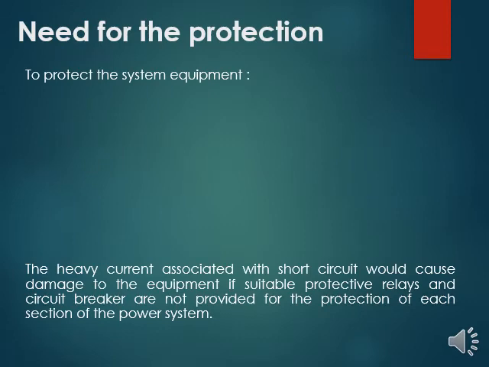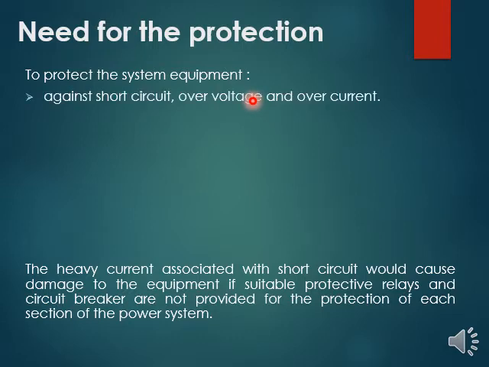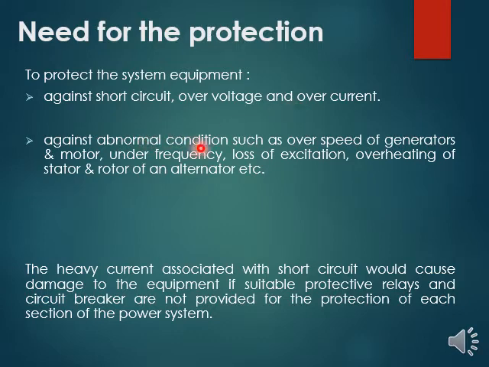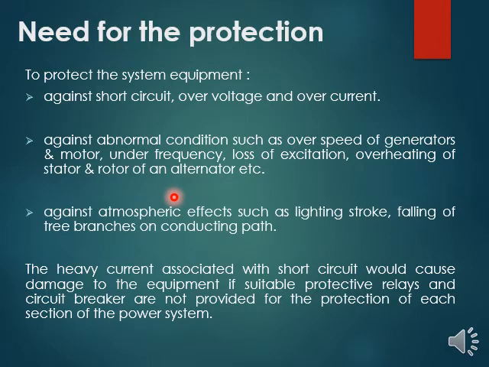Need for protection: to protect the system equipment against short circuit, over voltage and over current; against abnormal conditions such as over speed of generator and motor, under frequency, loss of excitation, and overheating of stator and rotor of an alternator; and against atmospheric effects such as lightning strokes and falling of tree branches on the conducting path.